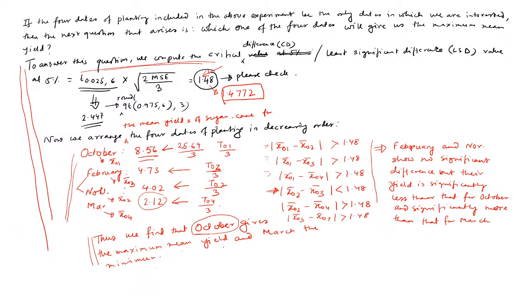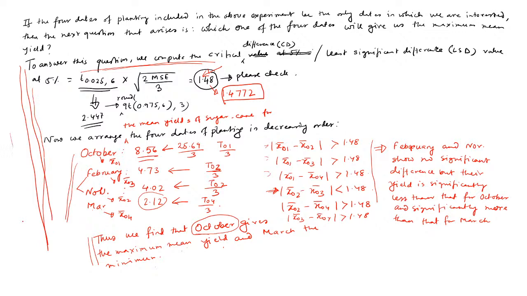And if you find that varieties differ significantly, you proceed to find which variety gives maximum yield. To answer this question, you need to follow these steps.